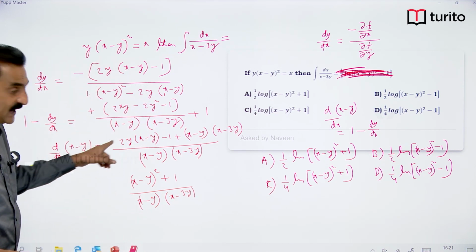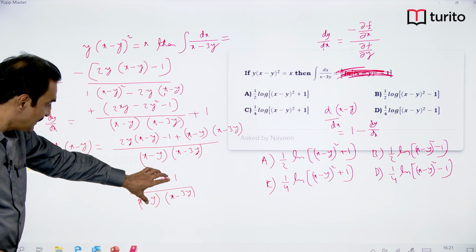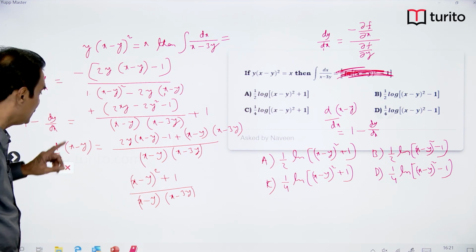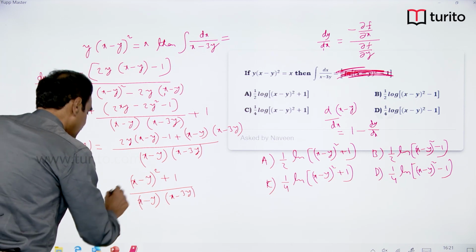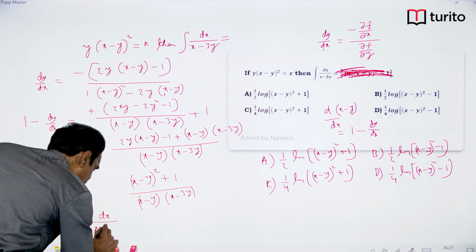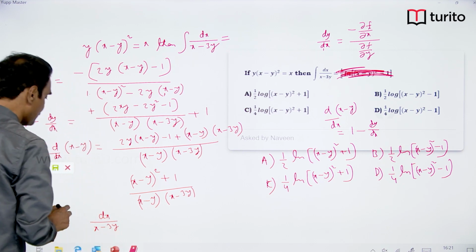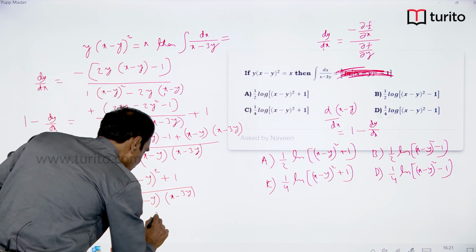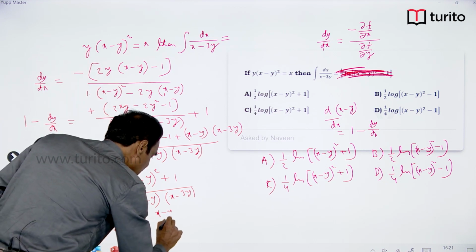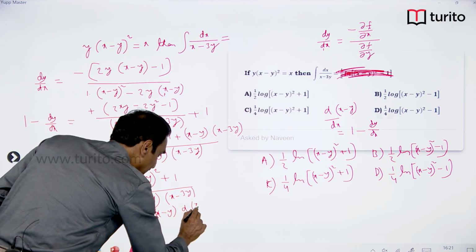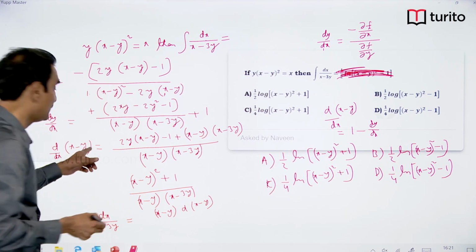Now, cross multiplying dx and taking these terms of x minus y to the left hand side, you will get dx by (x minus 3y) is equal to (x minus y) by (x minus y) whole square plus 1 into d of (x minus y).